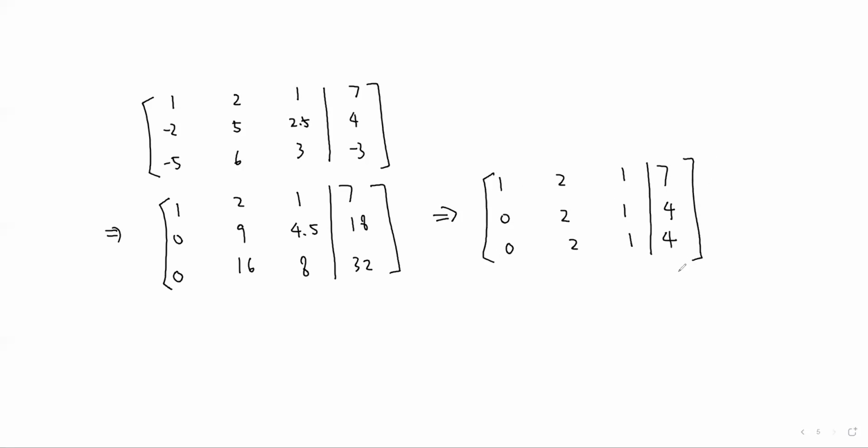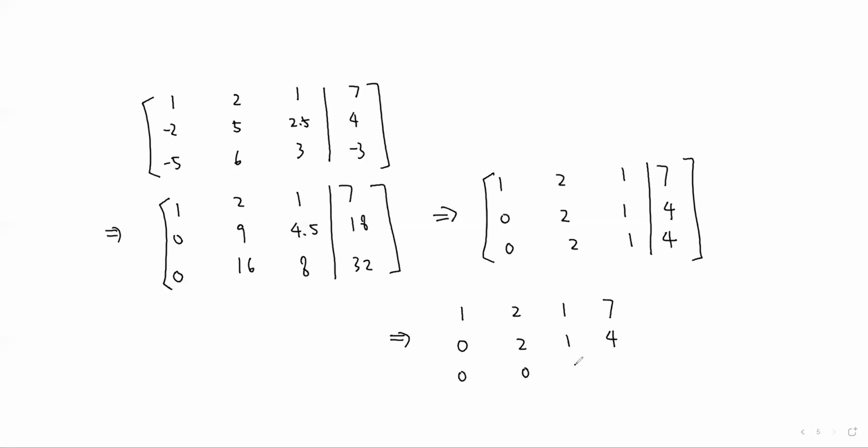I am performing forward elimination. Then negative 1 times row 2, add to row 3.